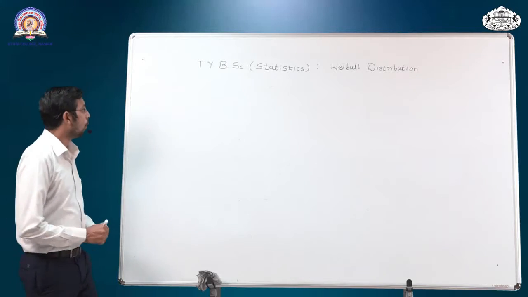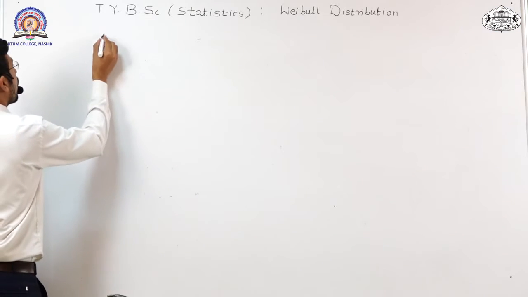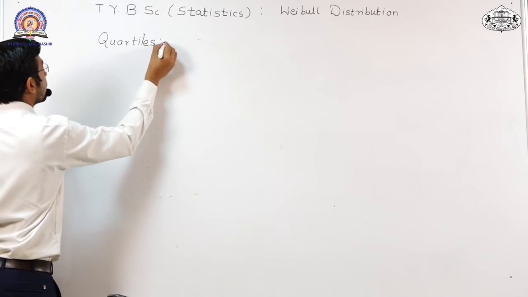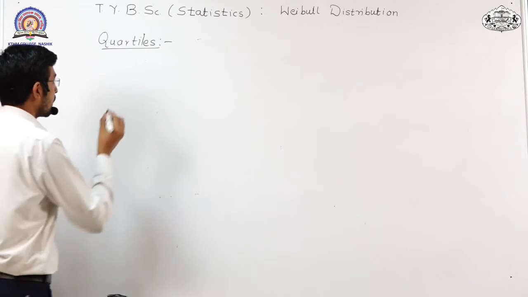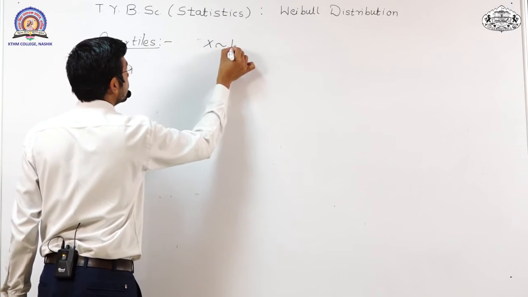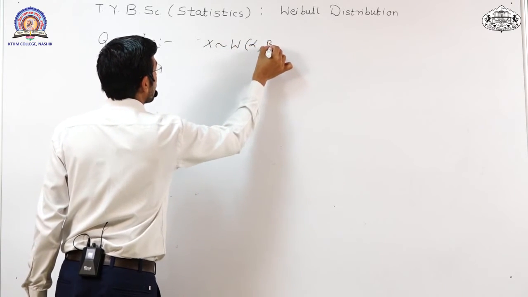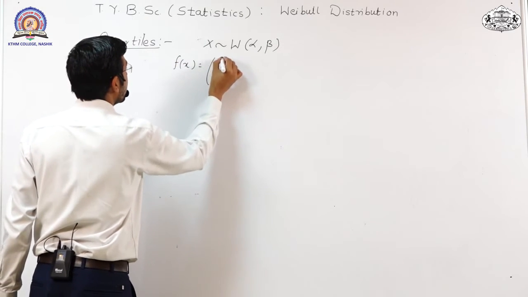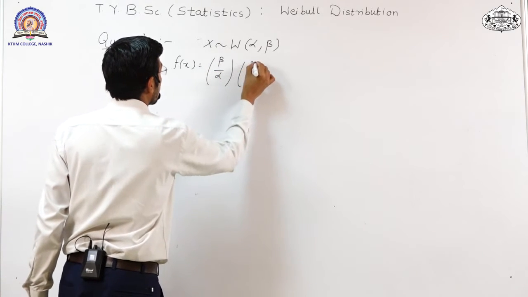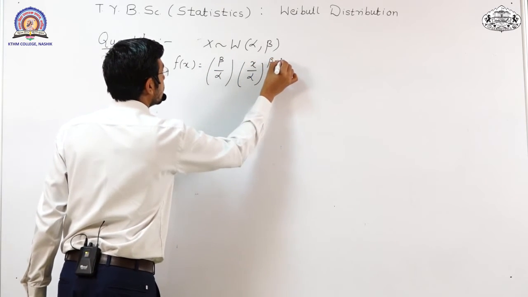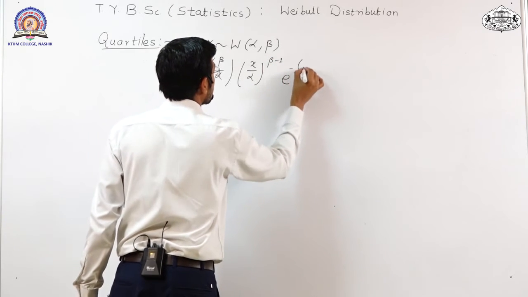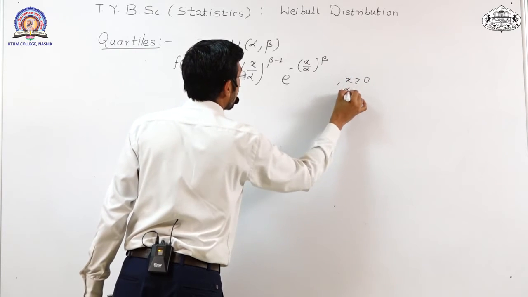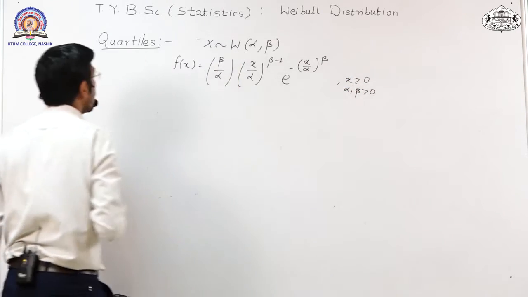Now further we will see the quartiles of the Weibull distribution with parameters alpha and beta. Here we are given that x has a Weibull distribution with parameters alpha and beta, and the density function of it is f of x is equal to beta upon alpha (x upon alpha) raised to beta minus 1 e raised to minus (x upon alpha) raised to beta, x greater than 0, alpha, beta greater than 0.